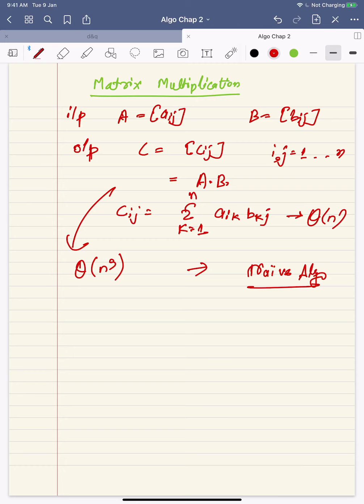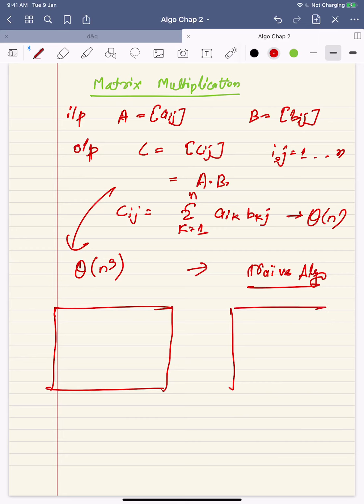So let's see how we can use divide and conquer over these matrices. How can we divide the matrices? Let's start visualizing it like a matrix. So I have matrix A, matrix B, both n cross n.